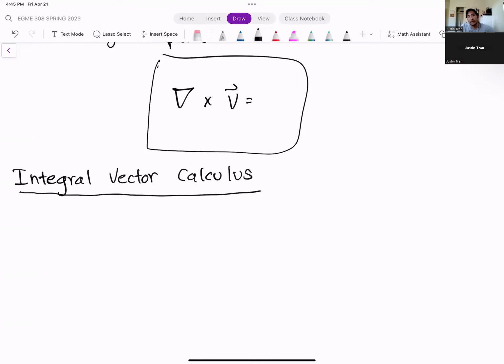Okay. And this section was all about what are some important theorems in vector calculus that involve integrals and how we can interpret them as well. I'd say there are four main topics here, right? There's the idea of line integrals.